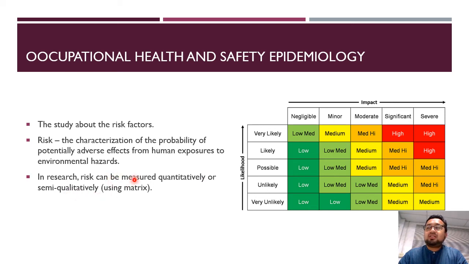Okay, dalam risk ni dia dipengaruhi oleh dua perkara. Yang pertama adalah hazard dan yang kedua adalah exposure. Okay, kalau kita tengok ni, likelihood ni adalah based on exposure. Manakala impact ini adalah hazard dia. Kalau hazard dia tu very severe, maknanya benda tu kalau kena memang teruk betul lah. Dan exposure dia pun sangat-sangat tinggi, very likely. So risk dia adalah sangat-sangat tinggi.